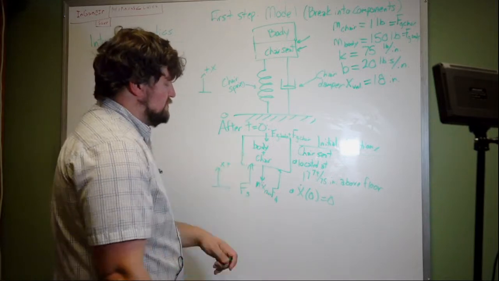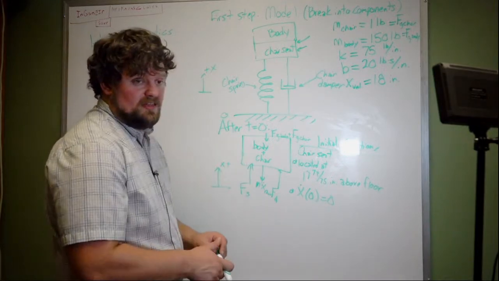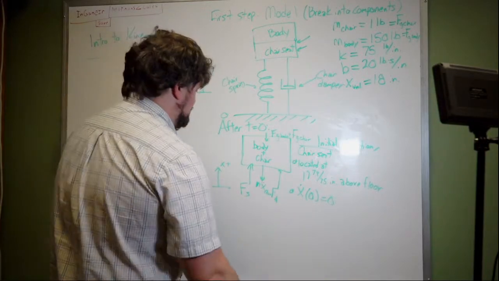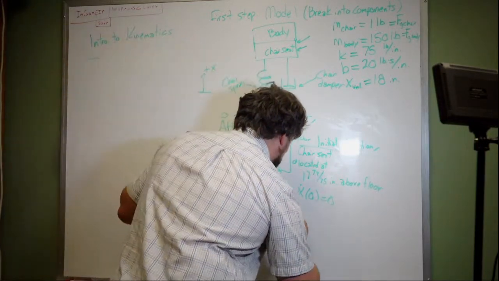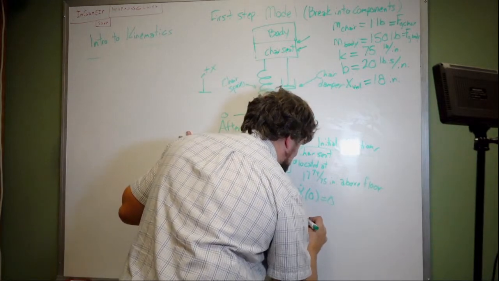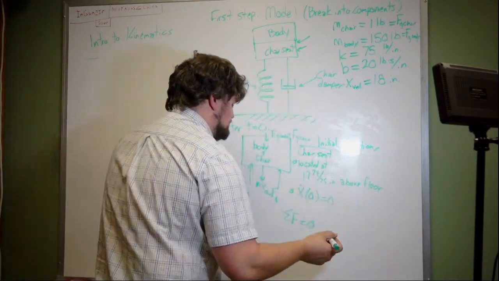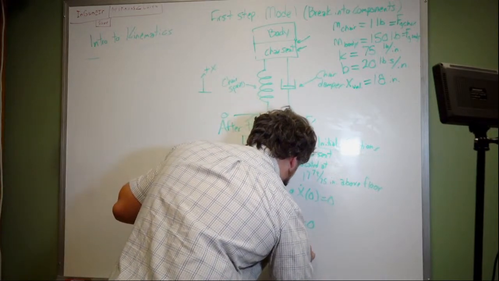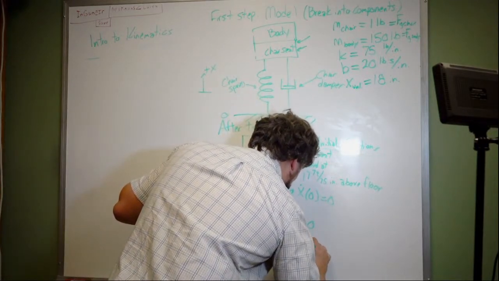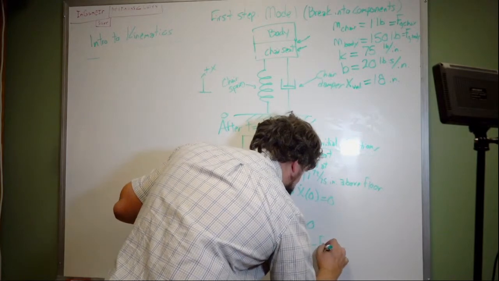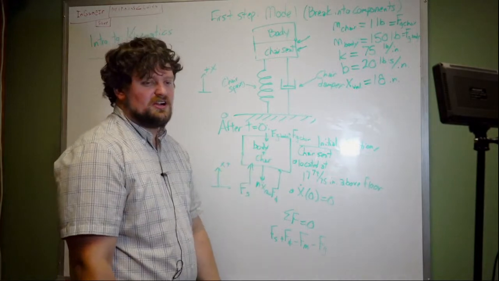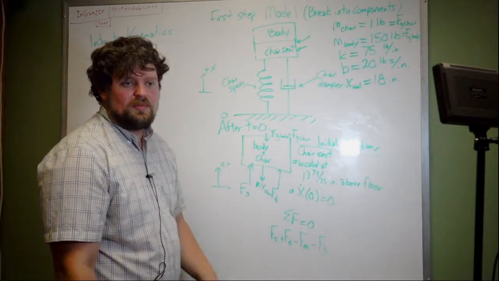All right, so with that set up, let's go ahead and do our math for this one. It's the same equation. Once again, sum of forces equals 0. The sum of all of our forces is going to be equal to Fs plus Fd minus Fm minus Fg. I'm not writing out Fm chair, Fg chair, because I'm assuming they're all one body at this point.